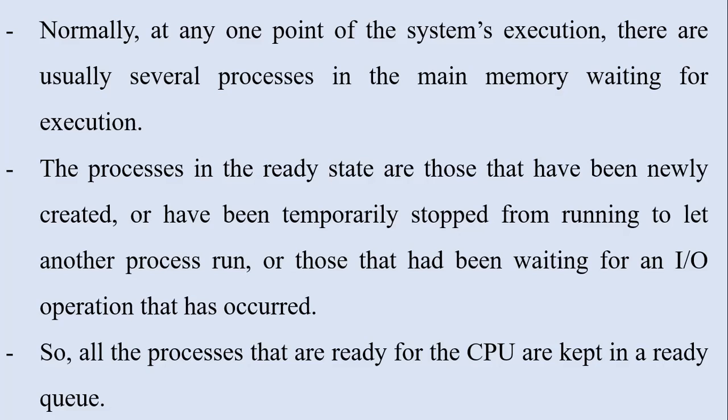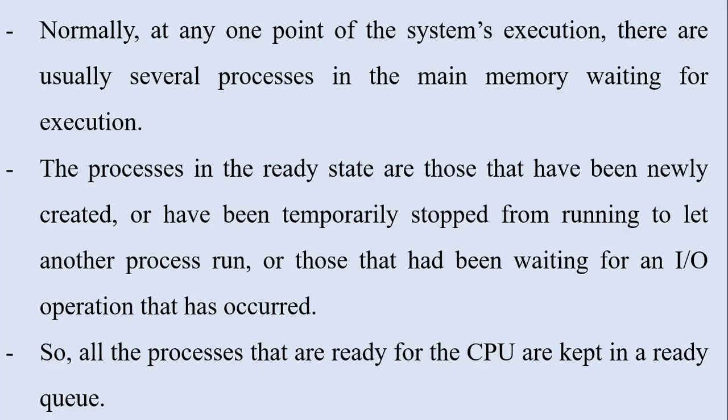The second category are those that were already running, but, for example, due to a higher priority process having arrived in the queue, the process with lower priority is removed from the processor and taken back to the ready state to wait for the higher priority process to complete its execution or its turn.